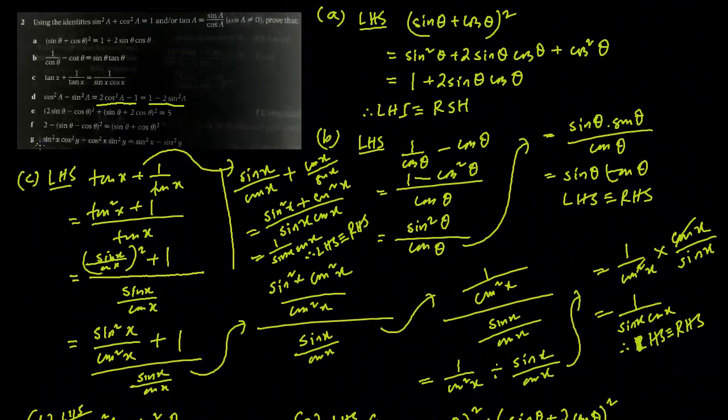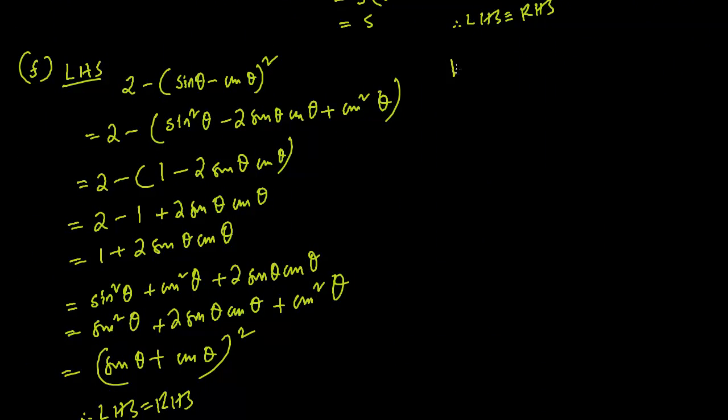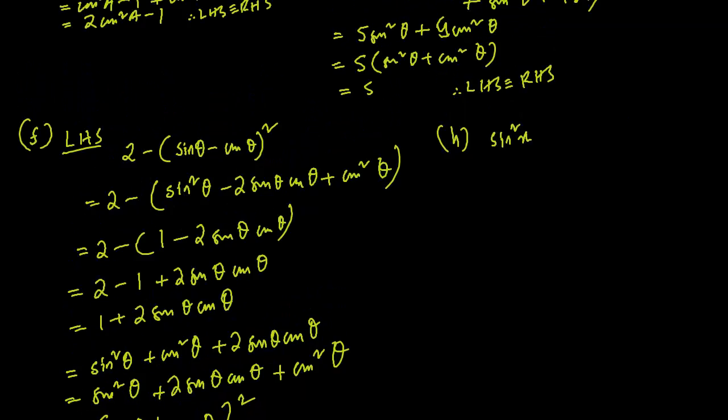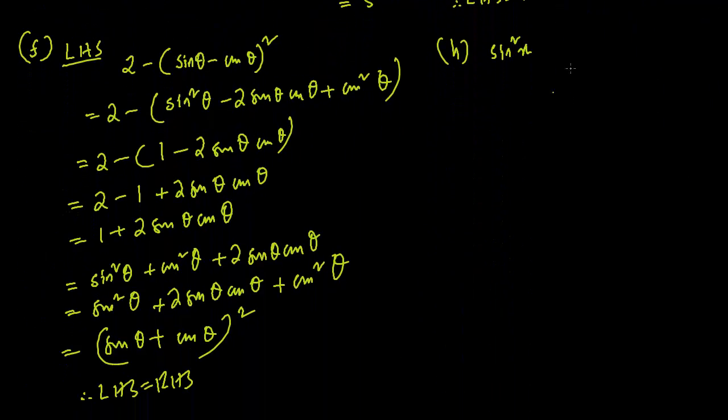Question number G, we have to prove sine squared x cos squared y minus cos squared x sine squared y.